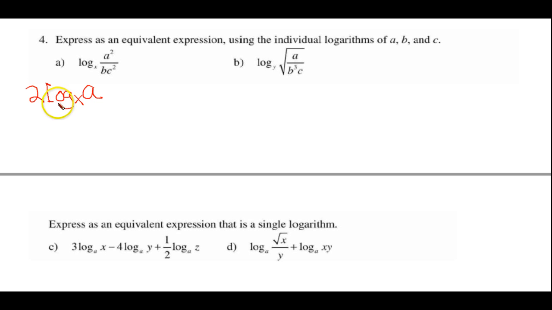That's log. Okay. Now we have a subtraction because of the division bar. So minus log base x of b. Now another division, so we indicate that by subtraction. But this has an exponent, so we need to put that exponent first.